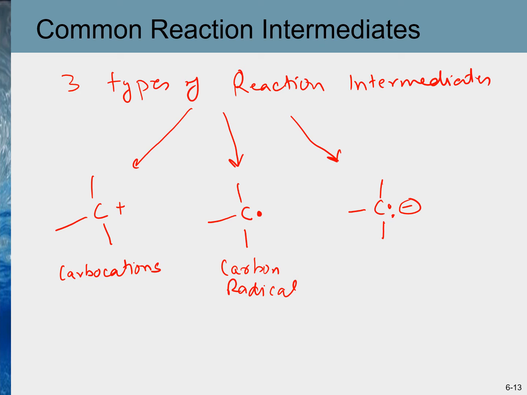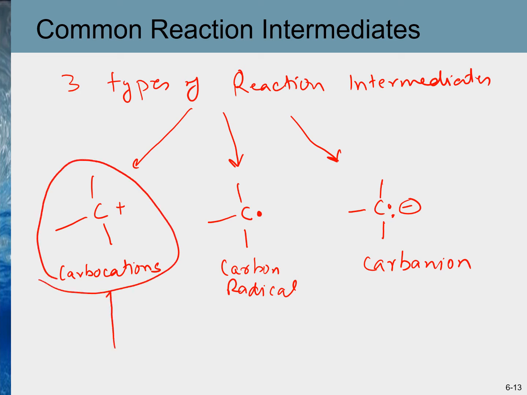These kinds of intermediates are known as carbanions. In alkene addition reactions, we will only encounter carbocations. So in this chapter, we will only study carbocations. However, we will see carbanions as well as carbon free radicals in other chapters.